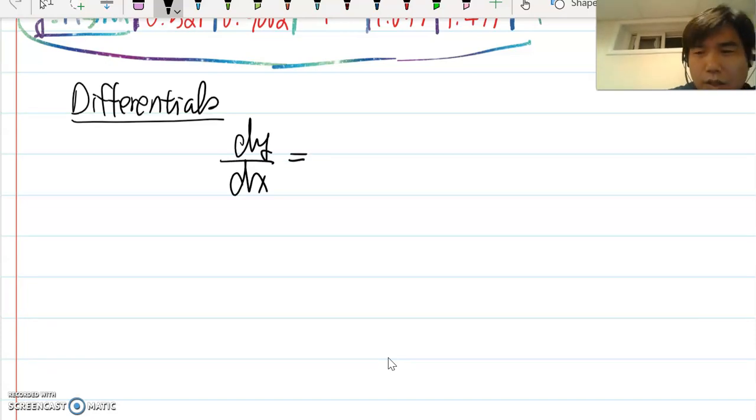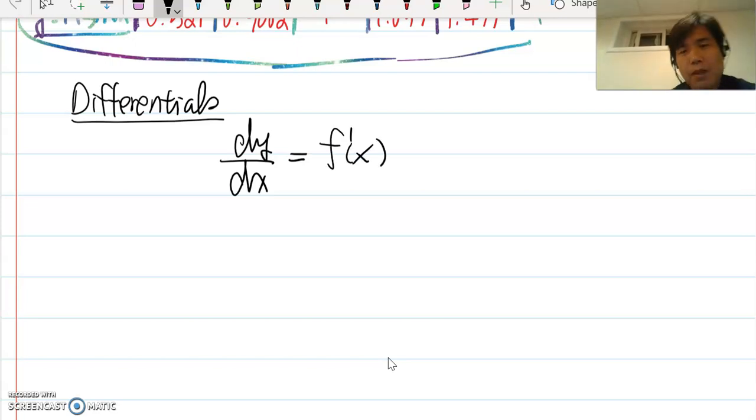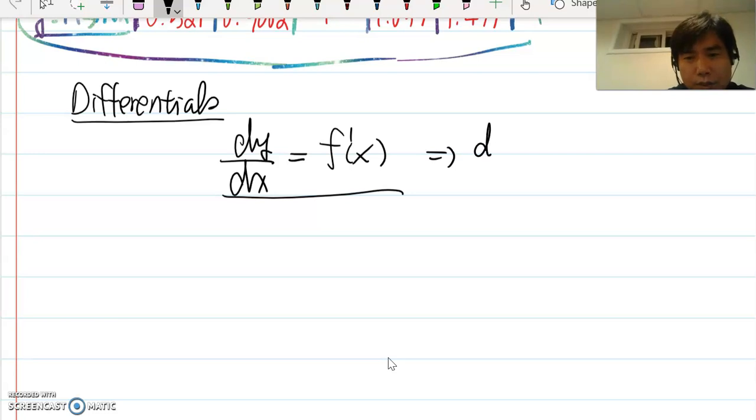The other notation is f prime x. So when we separate dy and dx, based on this format, we can write dy equals f prime x times dx.